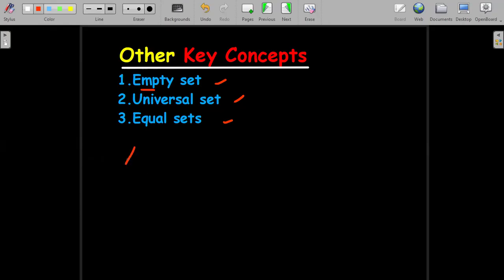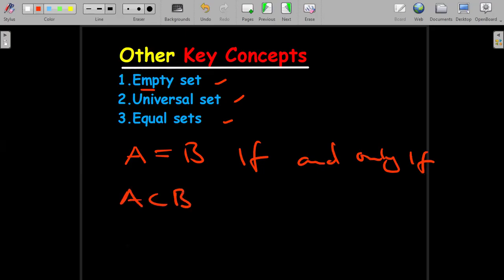Let's say sets A and B are equal, and we denote them as A equals B, if and only if A is a subset of B and B is a subset of A. Meaning A is contained in B, and also B is contained in A. Then the sets are equal.